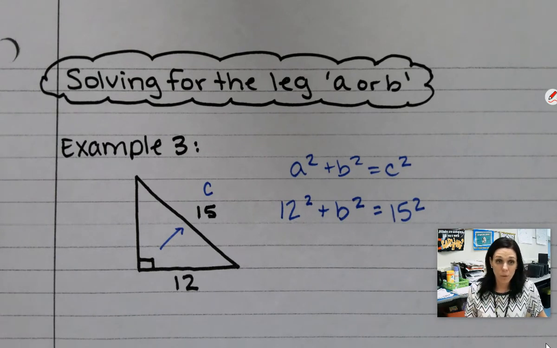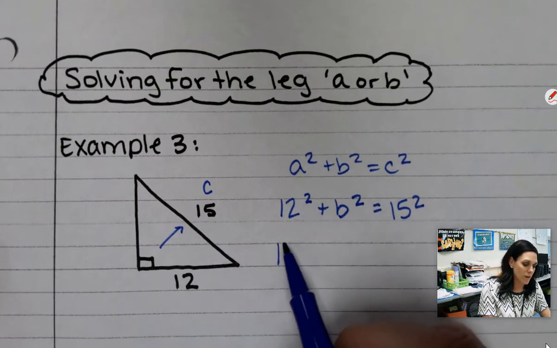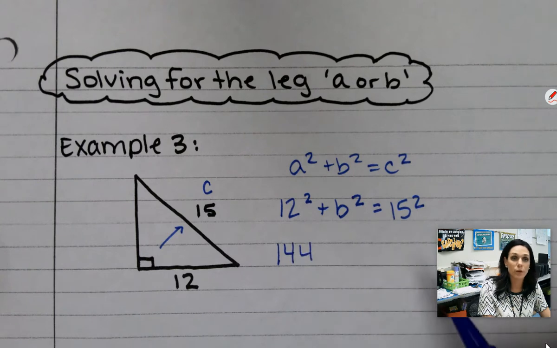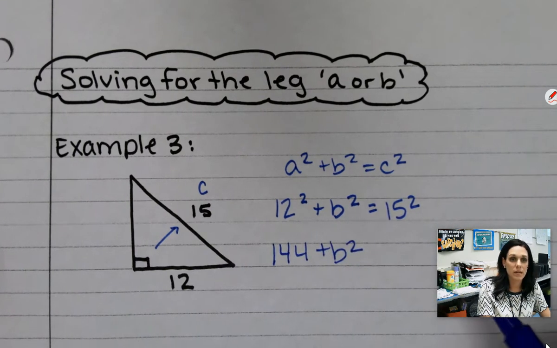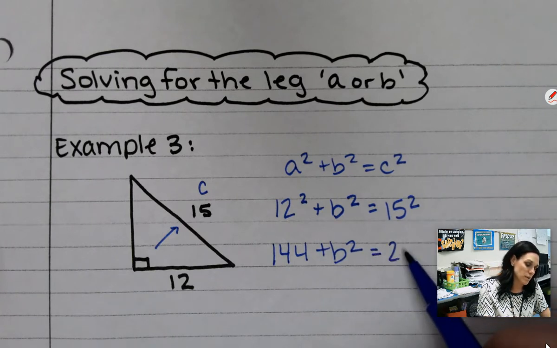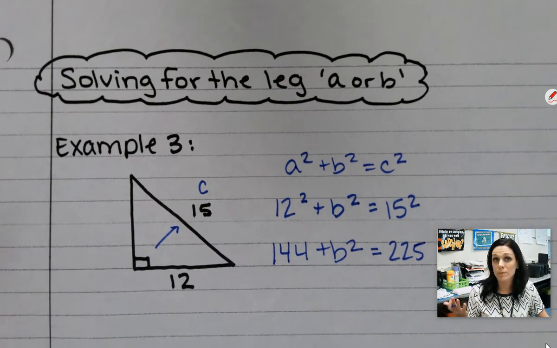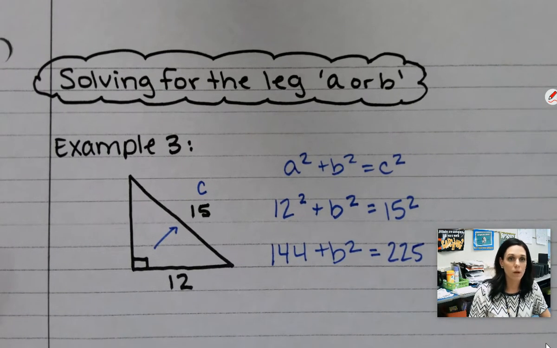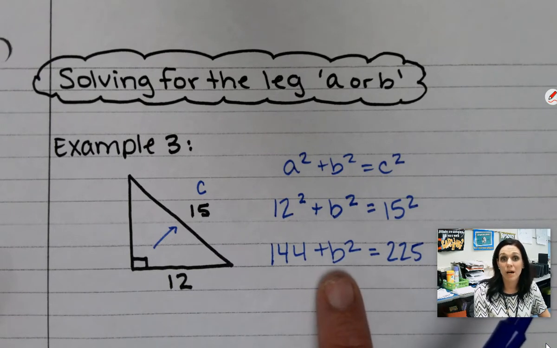Now, if I was solving this equation, I'm going to do 12 squared, and I would find that 12 times 12 is 144. I still don't know what my B is, so he stays B squared. And then I do 15 times 15, which is my 225. Notice anything I square becomes its perfect number. So now I am solving this equation, and notice that I have to get B by itself.